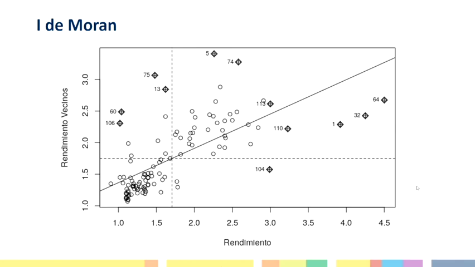So the spatial correlation measure is directly related to the angle of this line that establishes the relation between the value in the point and the average value of the neighbors.